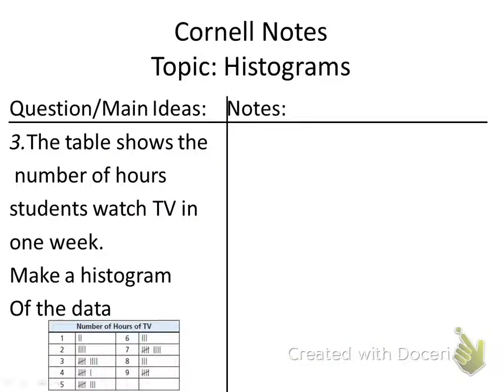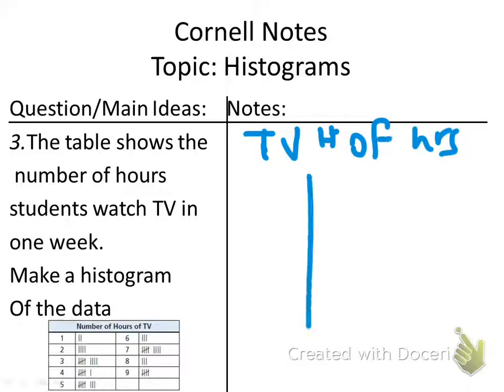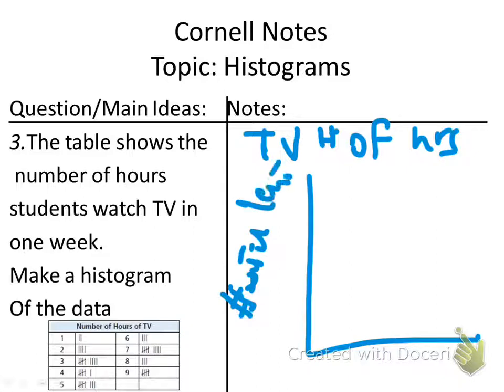histogram. So we're going to continue with the TV hours. That's still our title. And here along the side we have number of students. And along the bottom we have hours.